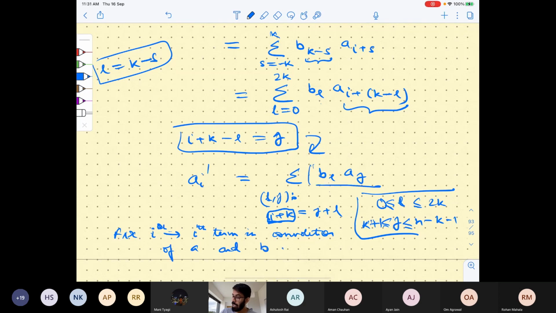Because this is B_L A_J, and what we are doing is just finding a term in the convolution of A and B such that its coefficients sum to I plus k, where I is the coordinate of the new smooth term that we are going to find out. Okay, so this is basically just a convolution.